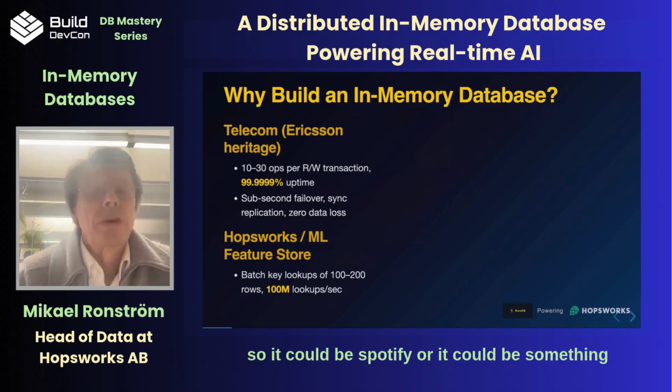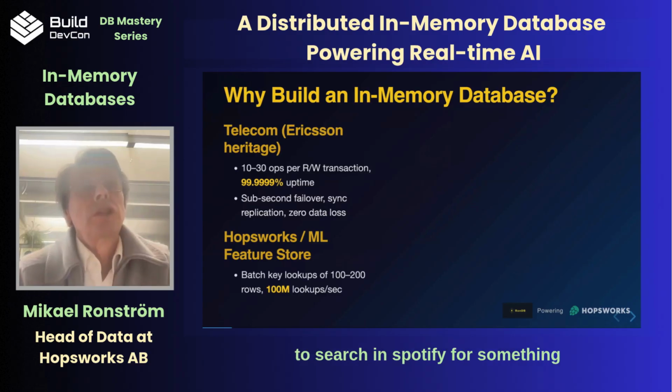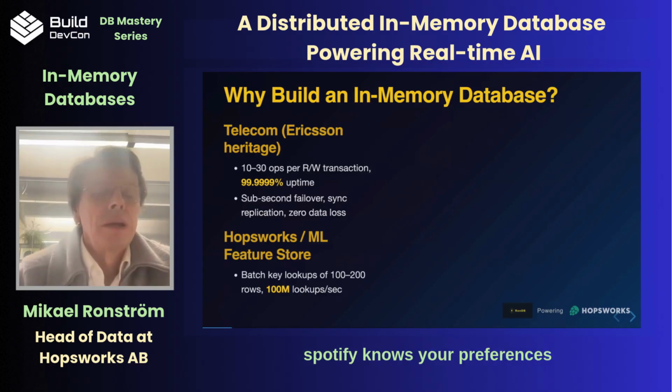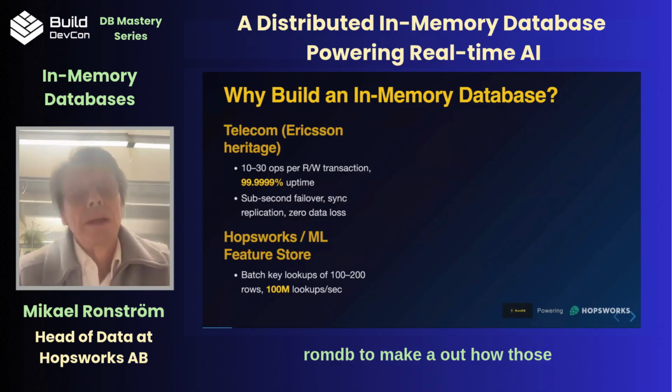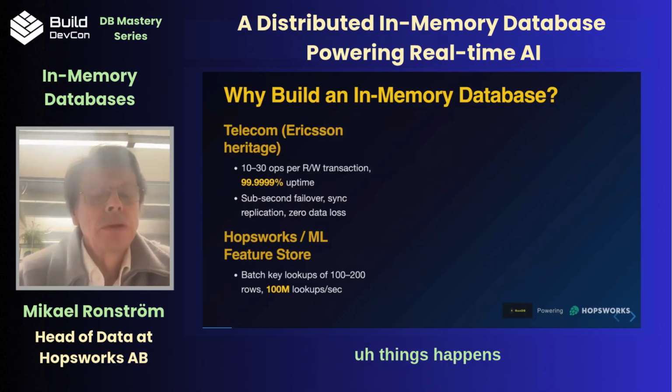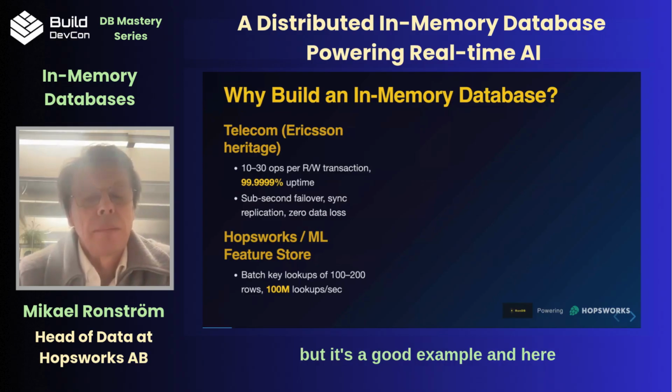It could be Spotify, or something similar, where you have your history of what you have been doing. Every time you search in Spotify for something, Spotify knows your preferences and will use some queries towards RonDB to figure out how those things happen. Spotify was just an example. It's not necessarily a customer of ours, but it's a good example.